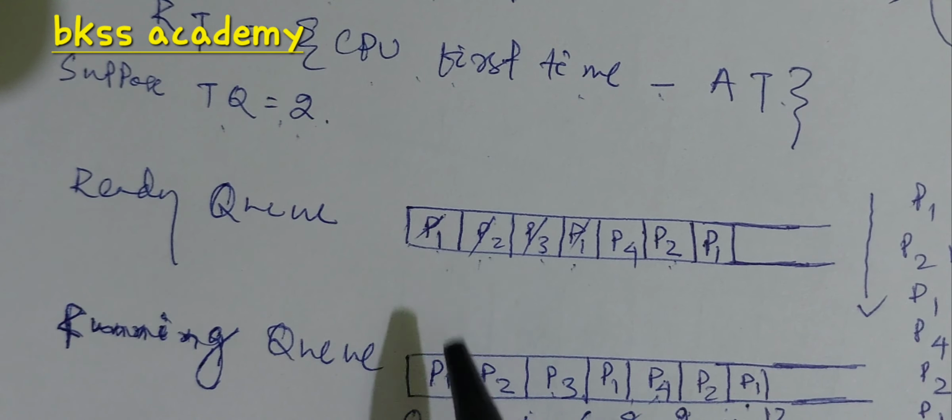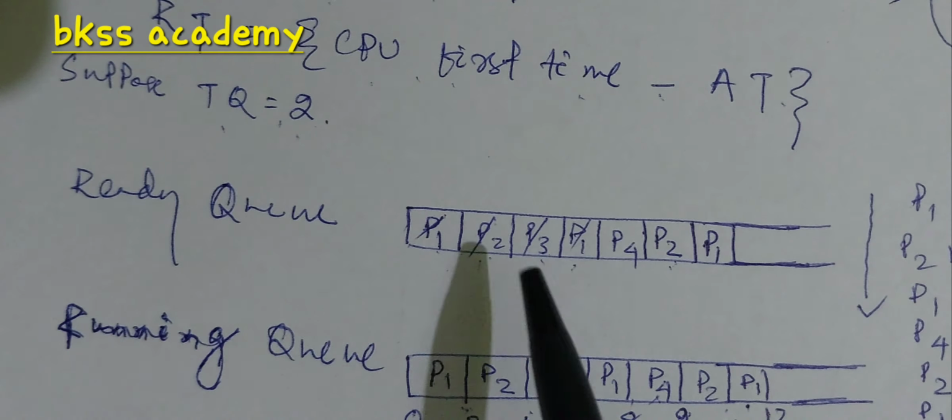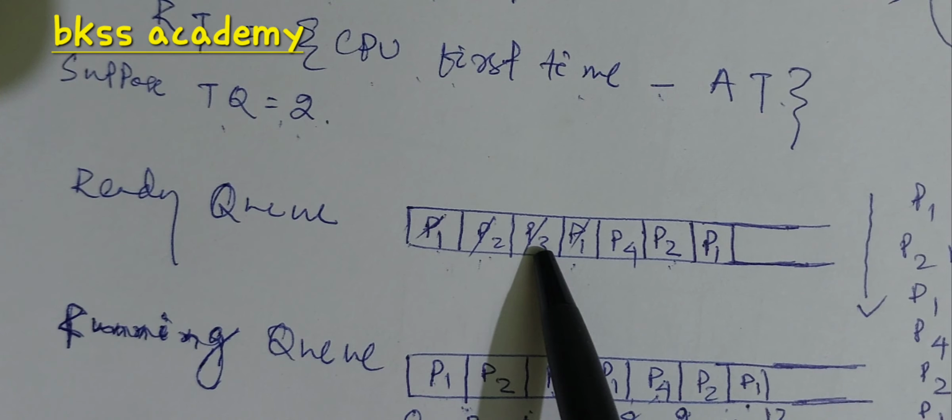That will be given to the running queue. From 0 to 2, it will take 2 quantum time. By this time, another 2 processes have already arrived, that is P2 and P3.